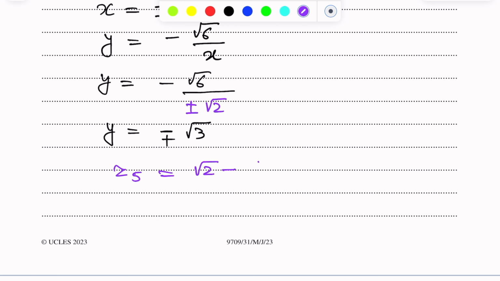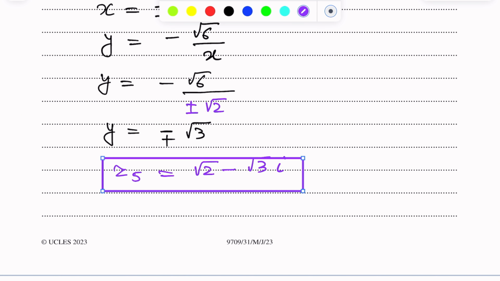This is a complex number. And z6 will be minus under root 2 plus under root 3 iota; with this negative value of x, there will be a positive value of y. This is the sixth complex number.